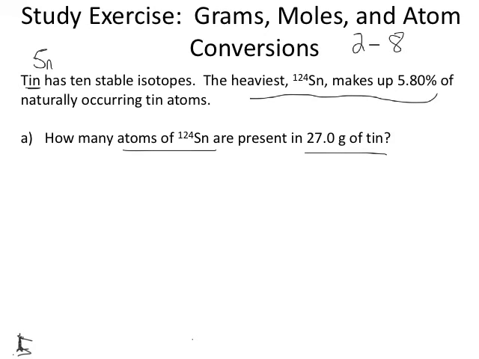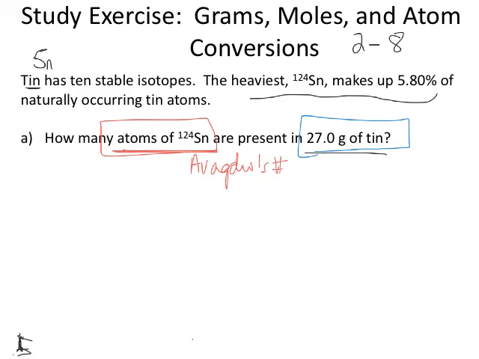So what we need to do here, our given that we're going to start with is 27.0 grams of tin. It's the only unit with a single number, and that's your question. How many atoms? So that's what we're trying to find, how many atoms. So you remember when I said we're going to have to use Avogadro's number whenever you have number of, so number of atoms, number of particles.